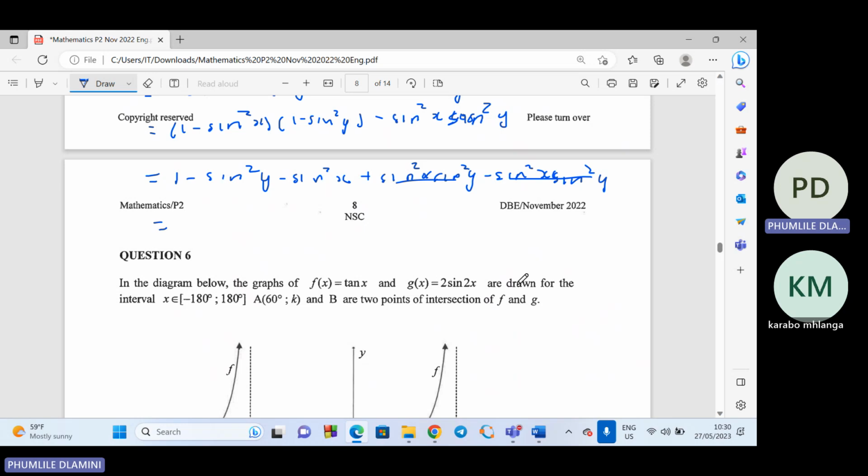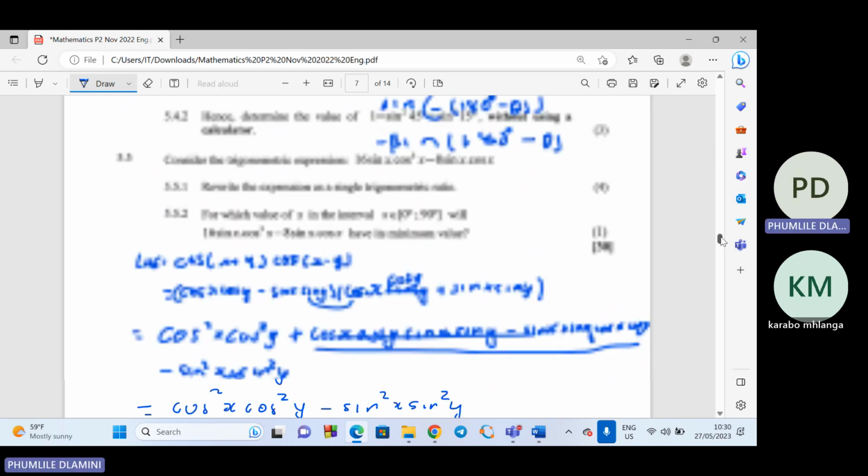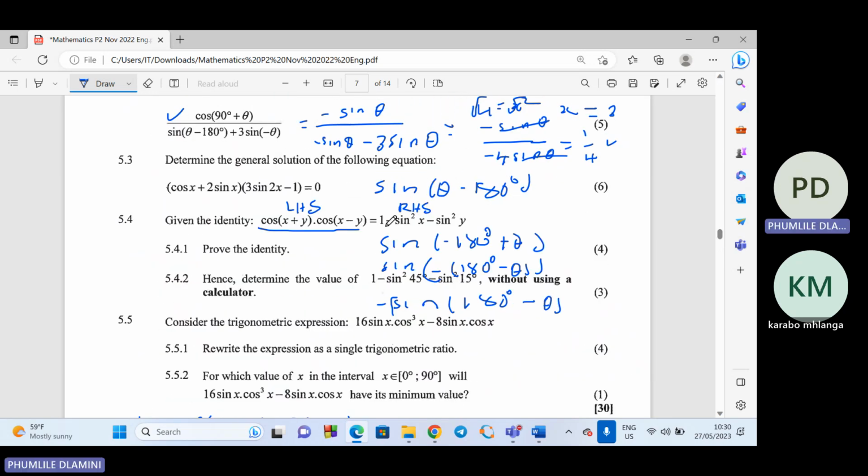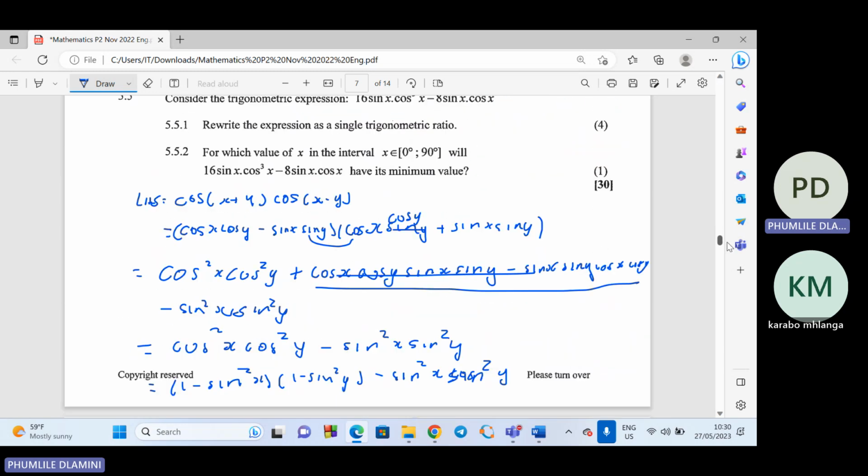Do you see that? Then we're going to be left with 1 minus sin squared y minus sin squared x, which is exactly equal to what? The right hand side. You can check it. You see that is exactly the same.